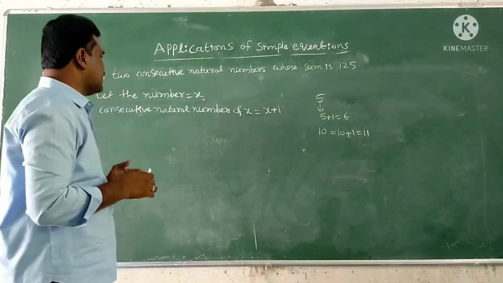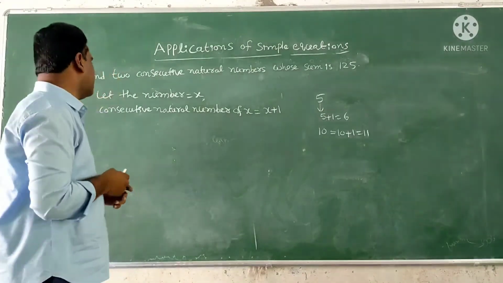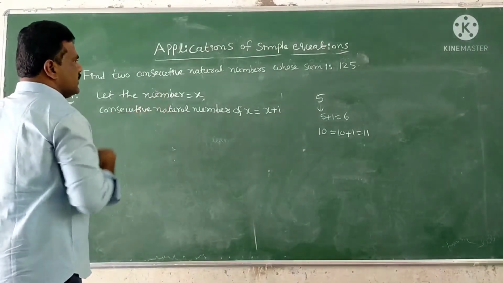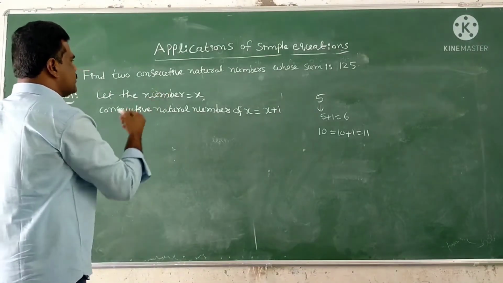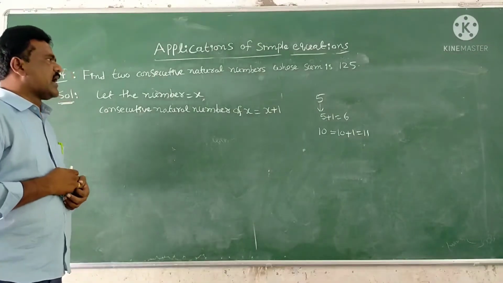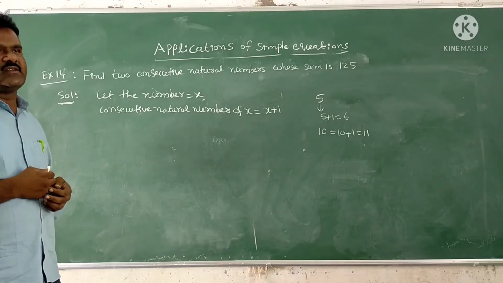That means a consecutive number is the next number of the given number. Next, the sum of the consecutive numbers is given. So, third step is translate the given problem to mathematical sentences.